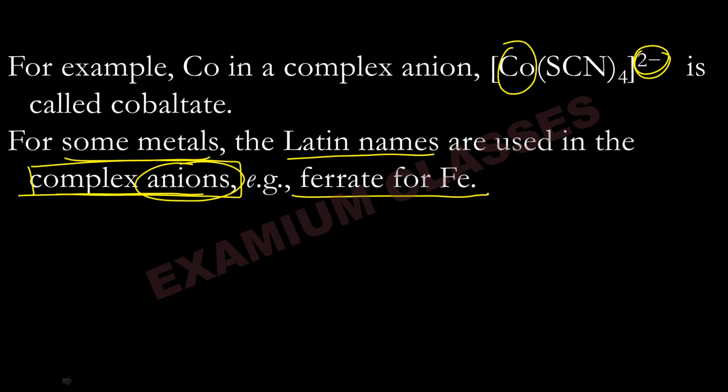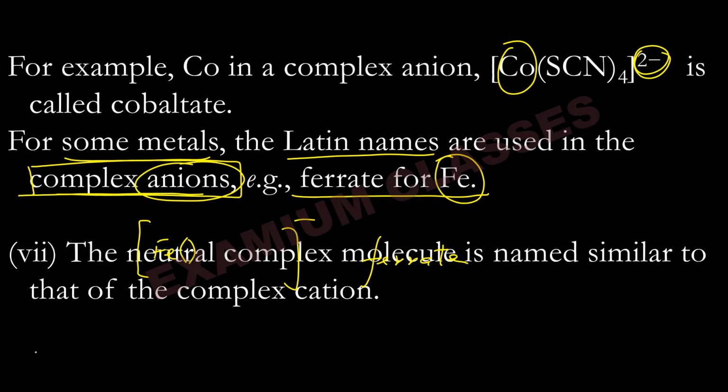If Fe is in a complex cation, then you will write iron(II), iron(III), depending on the oxidation state. But if it is negative, then you will write ferrate. Otherwise, iron(II), iron(III) if positive sign. Clear?